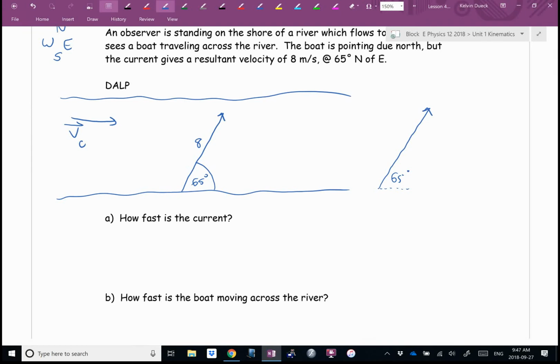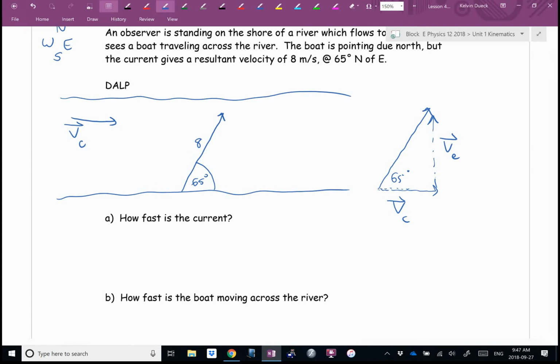Oh, if I draw this component in, normally I would call that Vx, but look at my picture. What velocity is causing that actually? That's the current. And then I have another vector going this way. You know what? I think that's the engine. The motor is pushing it north.